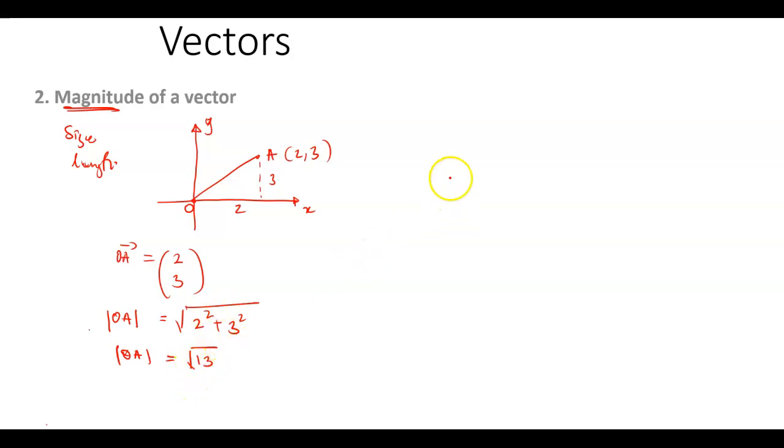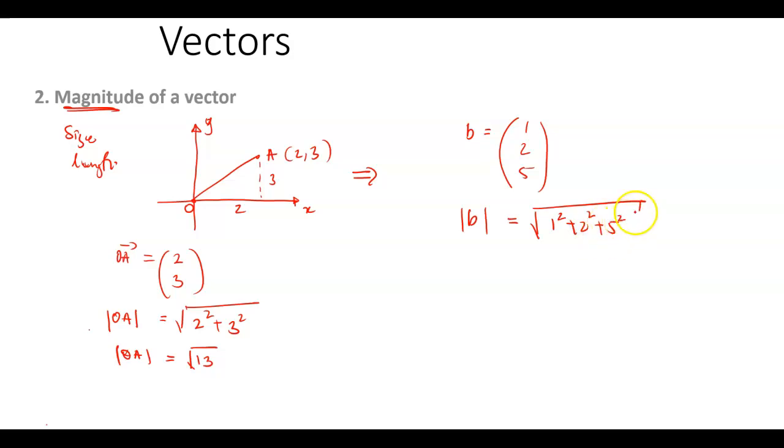That's your modulus. Now, it's the same kind of thing we are going to see if we extend this to 3D. If we say that vector B is (1, 2, 5), and we're looking for the size of B, the modulus or the magnitude of B is going to be equal to 1 squared plus 2 squared plus 5 squared, so the modulus of B is just root of 30.